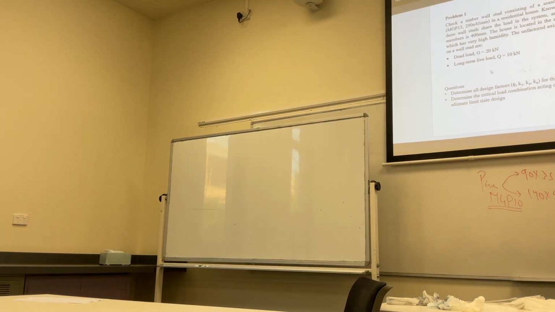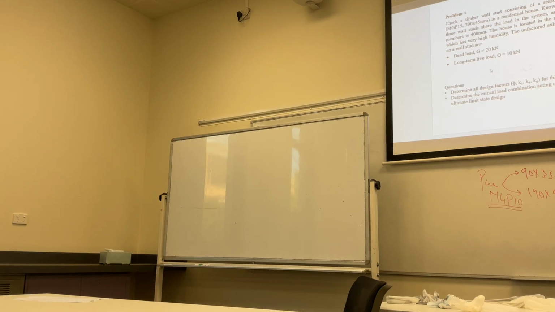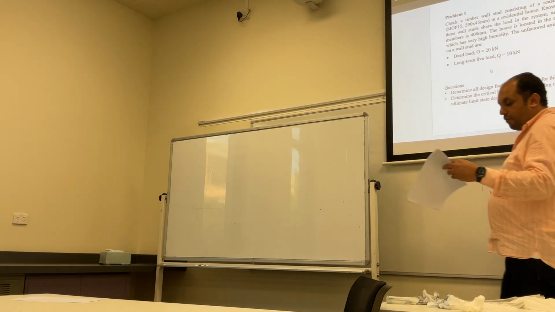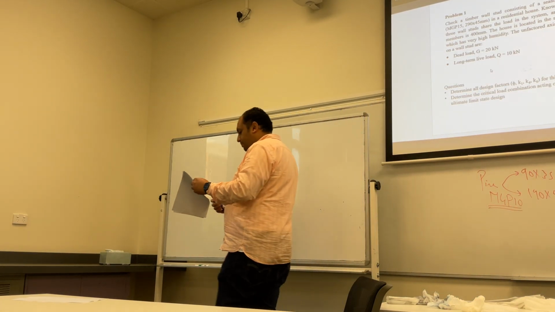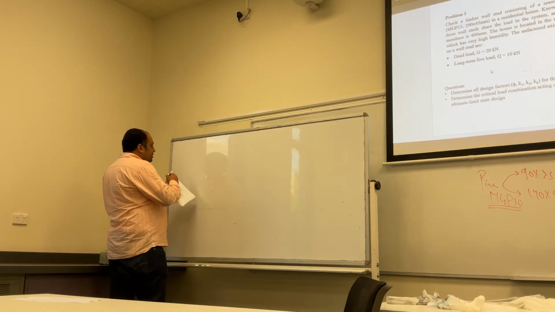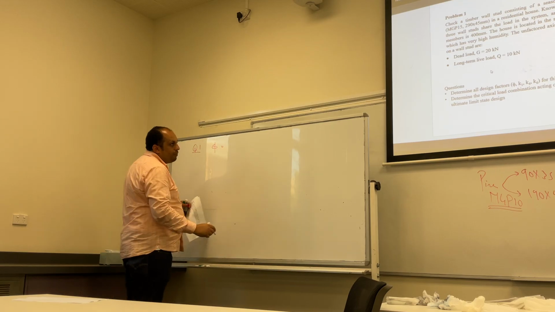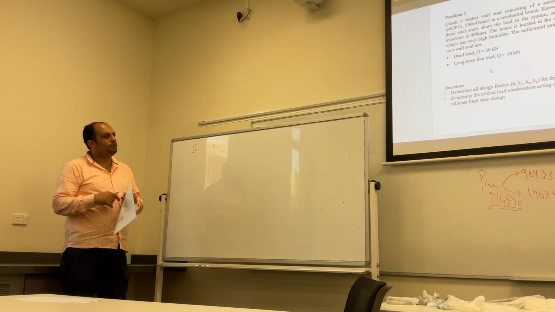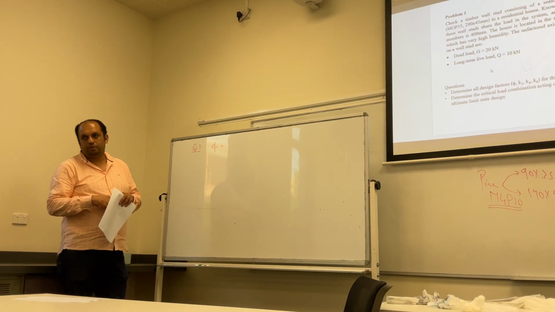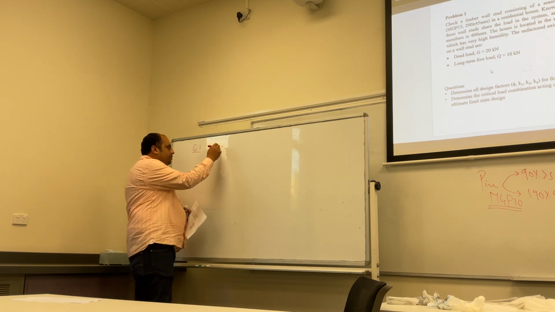He asked us to determine the factors phi, K1, K4, K6 in this scenario, and then determine the critical load combination acting on the wall stud for the ultimate limit state design. So let's start with the first question. How much is phi for this one? Where does phi come from?